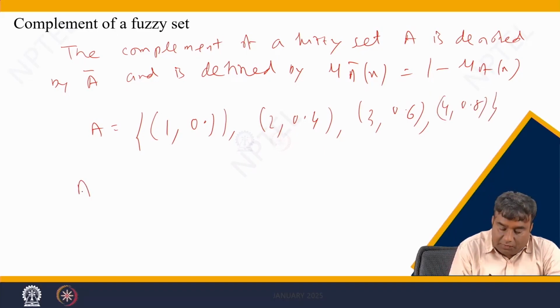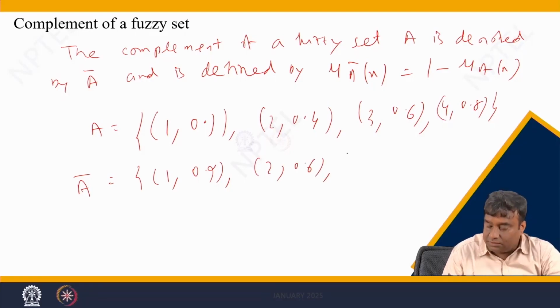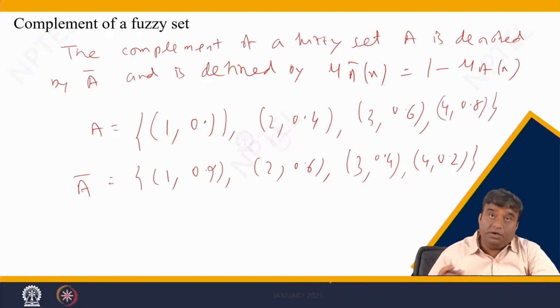So A bar will be 1 minus that, so 0.9 by 1, 0.6 by 2, 0.4 by 3, 0.2 by 4. So that is the complement of a fuzzy set.